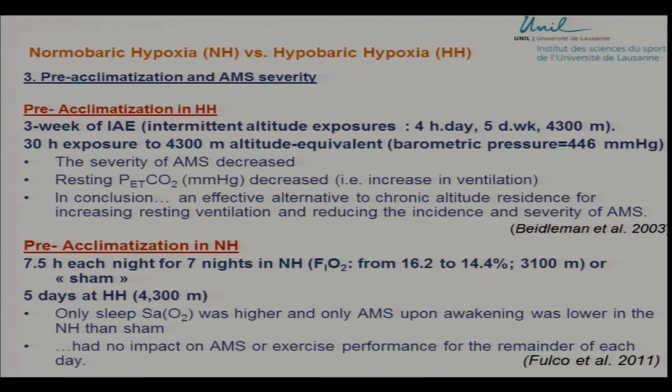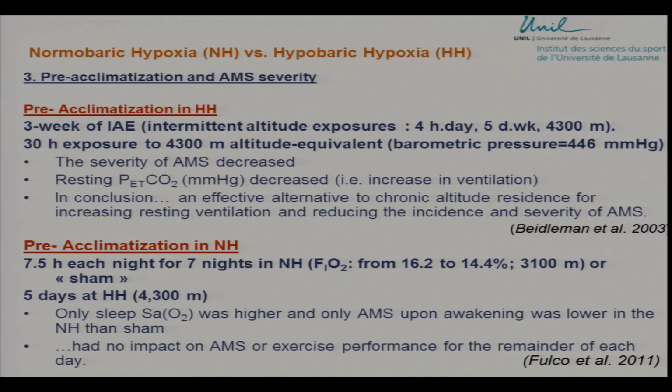And in different studies, they showed first that pre-acclimatization in HH, in this case 3 weeks, 4 hours a day, 5 days a week at Pikes Peak, was very efficient as a pre-acclimatization strategy when they took their subjects for 30 hours in Pikes Peak.